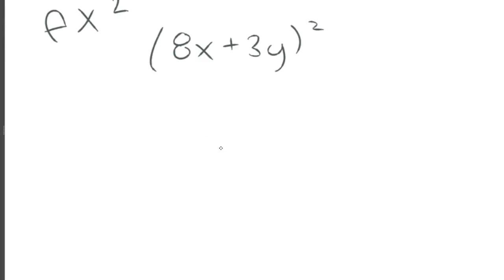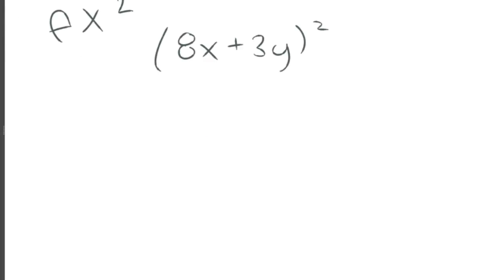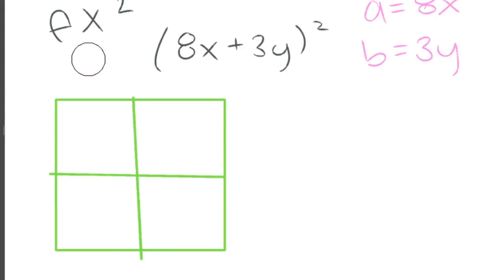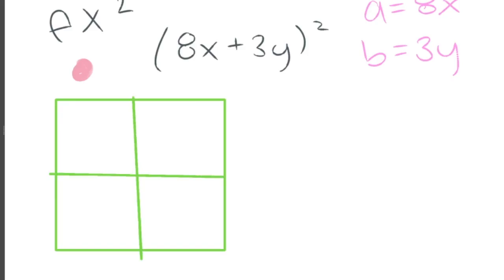And then we'll try another. So again, first step, we want to identify a, that's 8x, and b is 3y. So we want to start off with drawing our square, and then we've got to remember our plus sign.